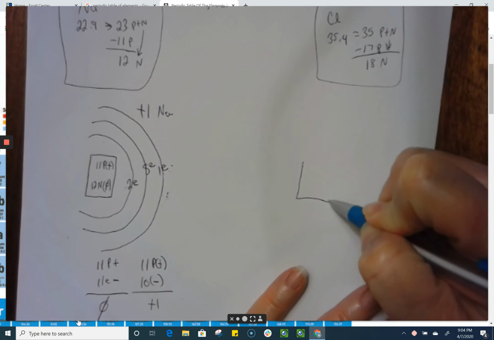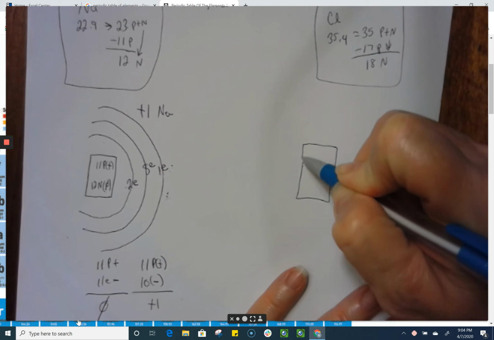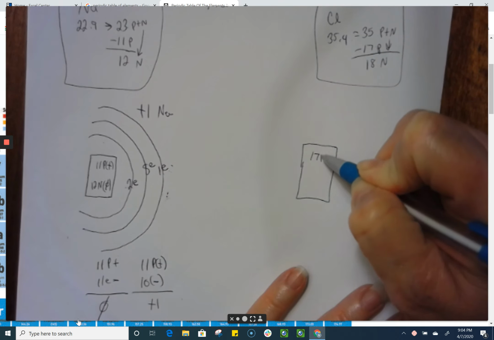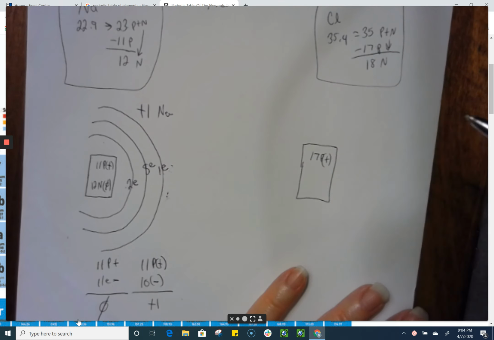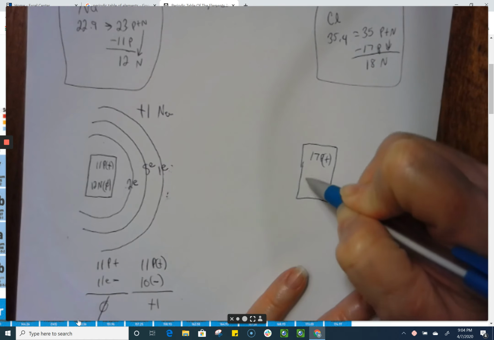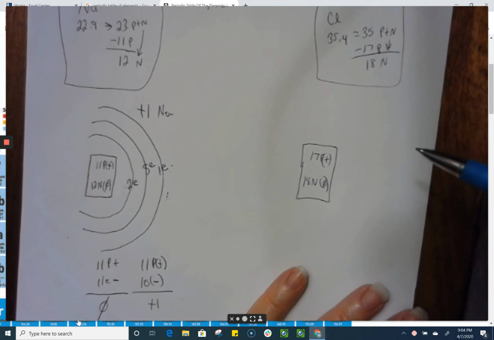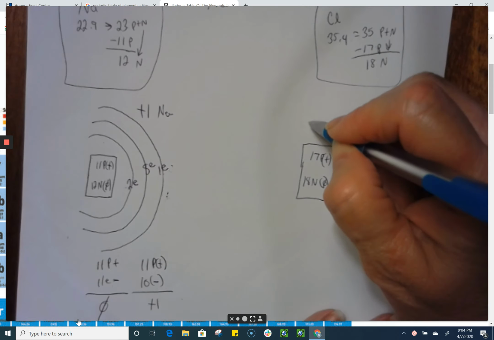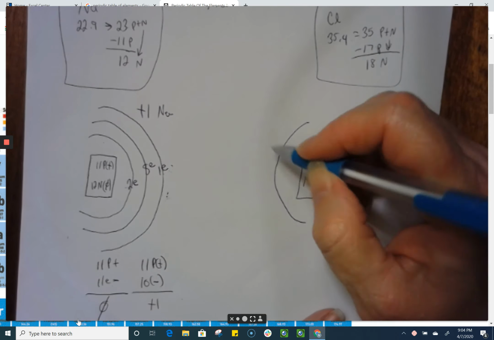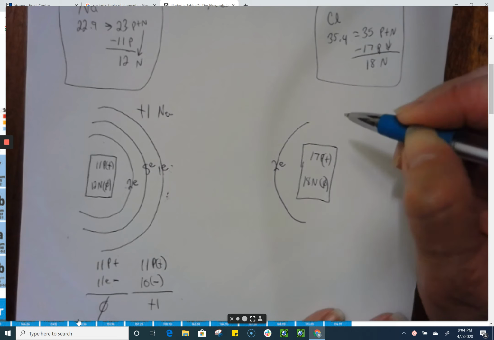So when I diagram chlorine, chlorine has 17 protons or 17 positive charges, has 18 neutrons, which are neutral. And now we need to place those 17 electrons. The first energy level fills up first. It will have 2 electrons.